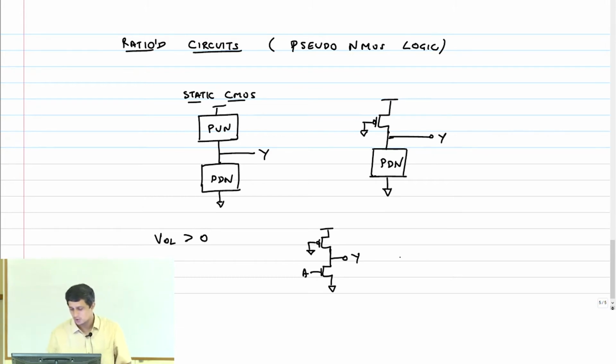I now want to calculate what happens when A equals VDD. Y will be VOL. Of course, VOL now has to be close to ground, otherwise this gate is going to be useless. So in what region of operation will my NMOS transistor be? In what region of operation will the PMOS transistor be?